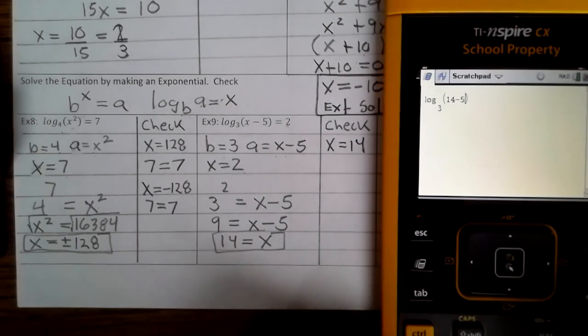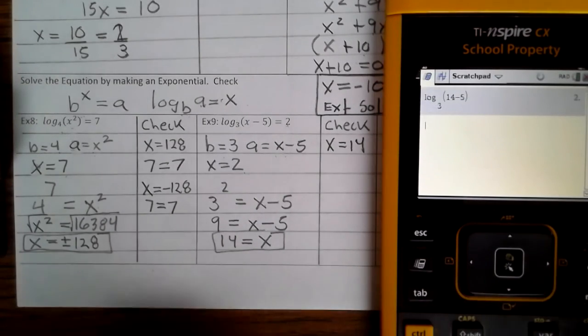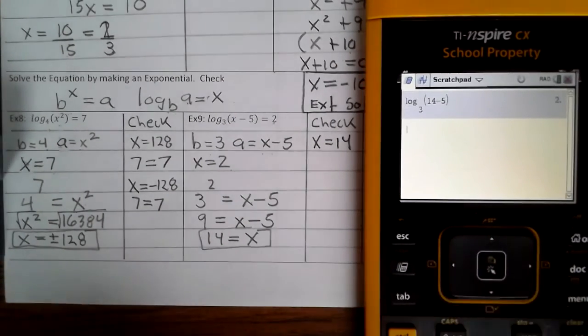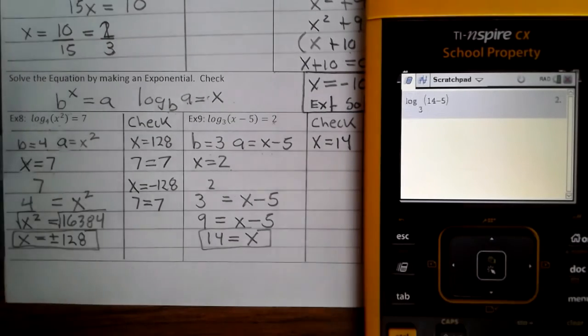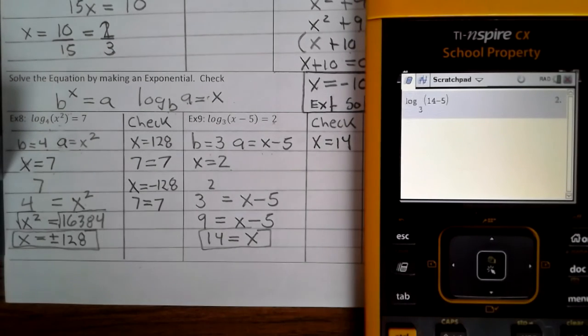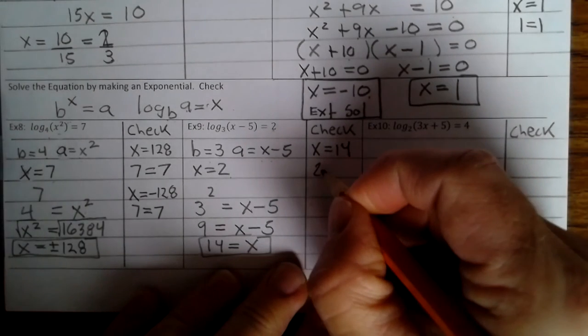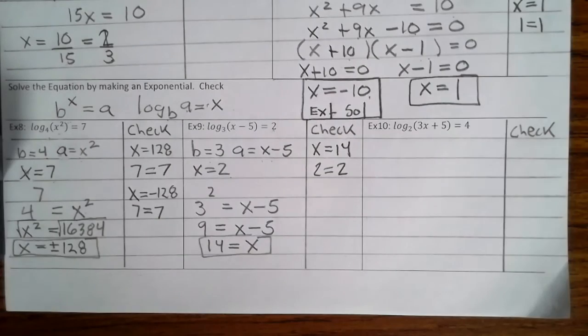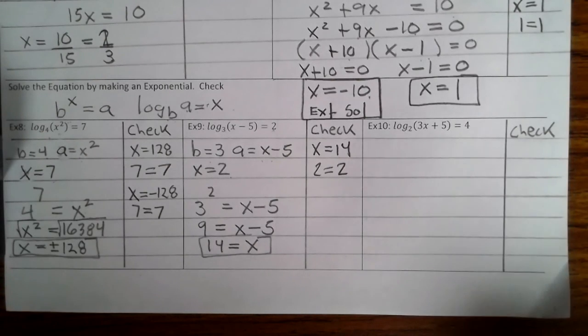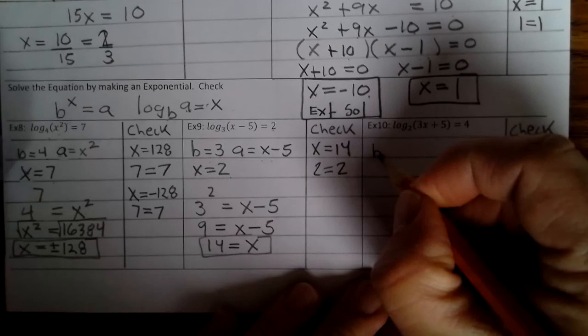All right, so again, b is 2, a is 3x plus 5, and x equals 4. So that's 2 to the 4th power equals 3x plus 5.